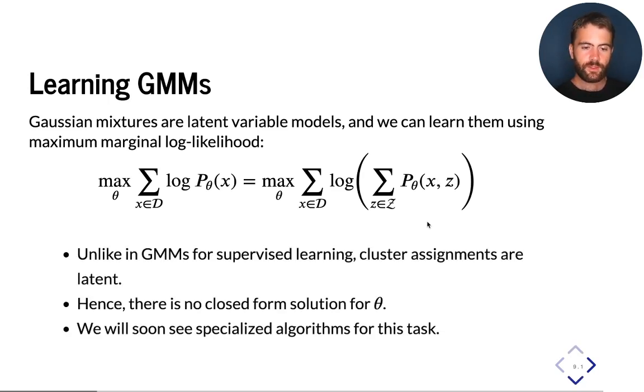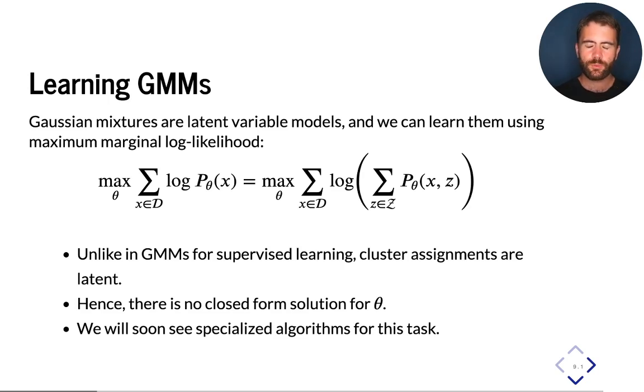It is also interesting to compare this to one of the earlier algorithms we have seen in the section of the course on supervised learning, which was Gaussian discriminant analysis. In Gaussian discriminant analysis, we fit exactly the same model, but the cluster assignments were observed. These were our labels.